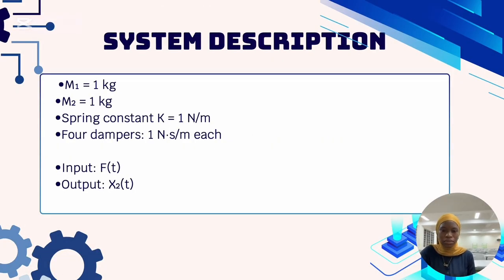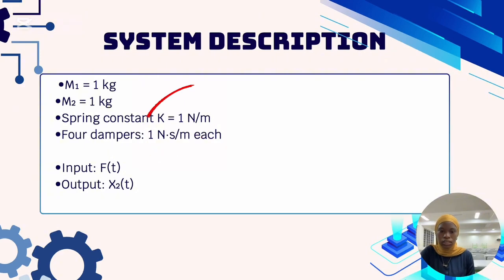I'm Abdulminifrad Chalpan, a member of Group 24, and I'm here to talk about the system description. This system contains two masses, M1 and M2, each equal to 1 kilogram. There is a spring connecting the two masses with stiffness K equal to 1 Newton per meter. There are 4 dampers, each with damping coefficient 1 Newton second per meter.